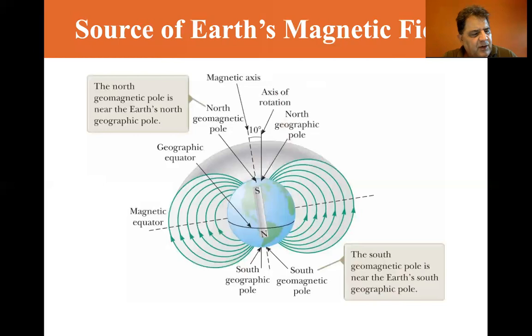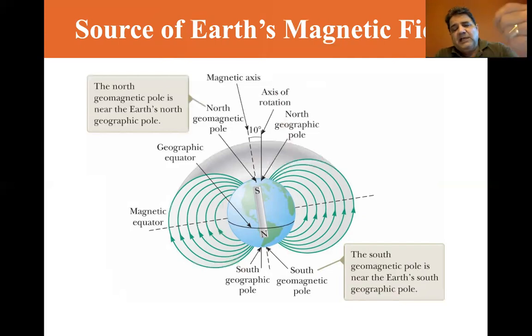Now, again, you've had this in lecture. If you happened to miss lecture, you've missed the point that I've discussed about this. At geographic north is a south magnetic pole. It has to be. Your compass, the north point of your compass, is going to point to a south pole.